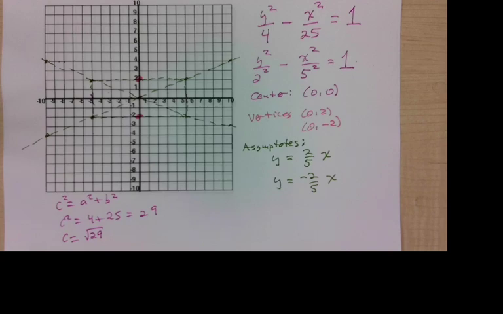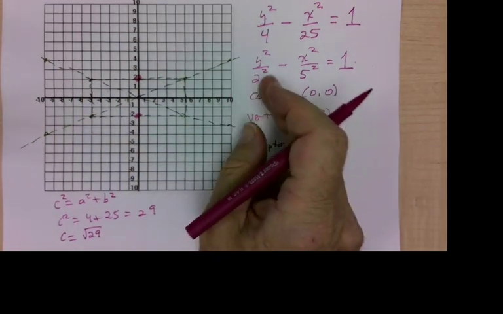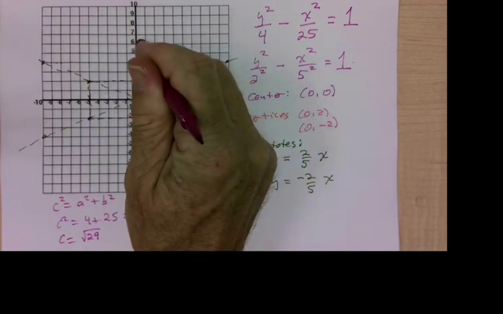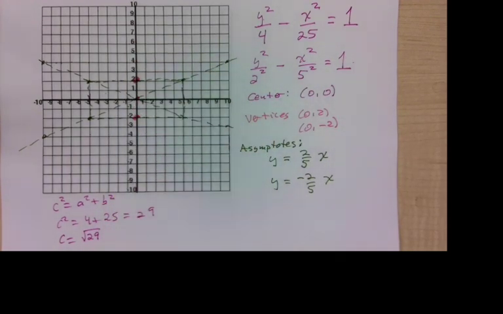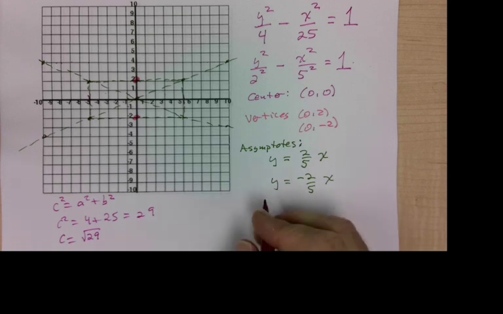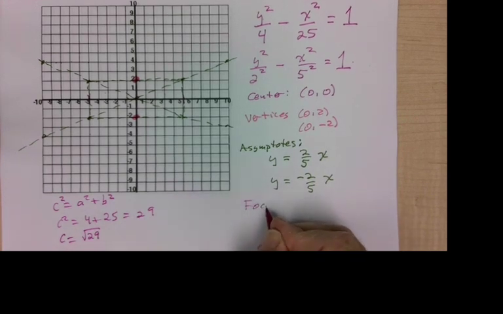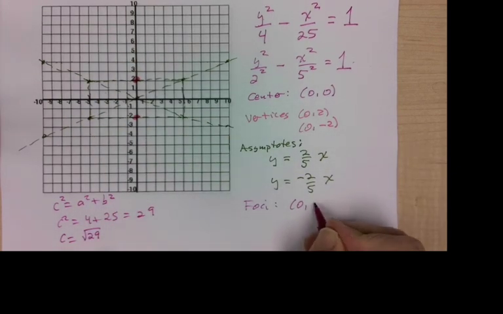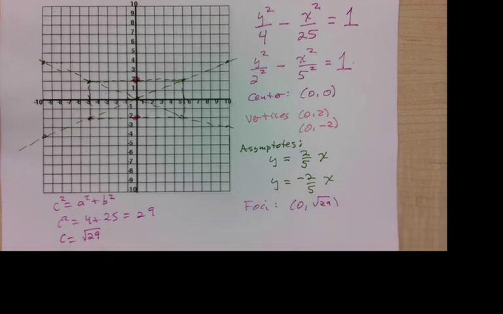Now the focus is going to be on the vertical part of the graph, since the transverse axis is vertical, since y comes first. So it'll be root 29 in the y direction, root 29 in the y direction. So my two focuses, my foci, will be at 0, root 29 on the y-axis, and 0, negative root 29.